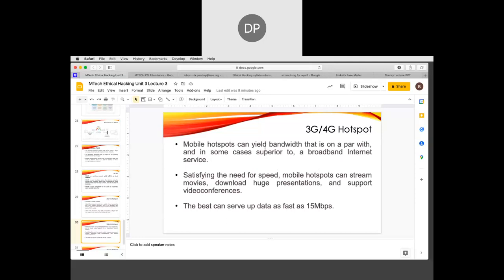A mobile hotspot can wield bandwidth that is on par with, and in some cases superior to, a broadband internet service. Satisfying the need for speed, a mobile hotspot can stream movies, download huge presentations, and support video conferences. The best can serve up data as fast as 15 Mbps.